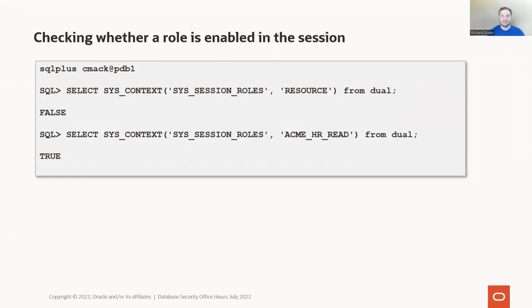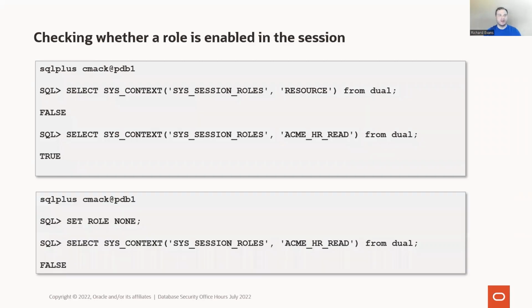CMAC has HR_READ. We can see that, okay? If we move on, we set role none, we can now see that that has gone from true to false. So we can see that by using the SYS_SESSION_ROLES namespace and querying it, and we can use this programmatically too.